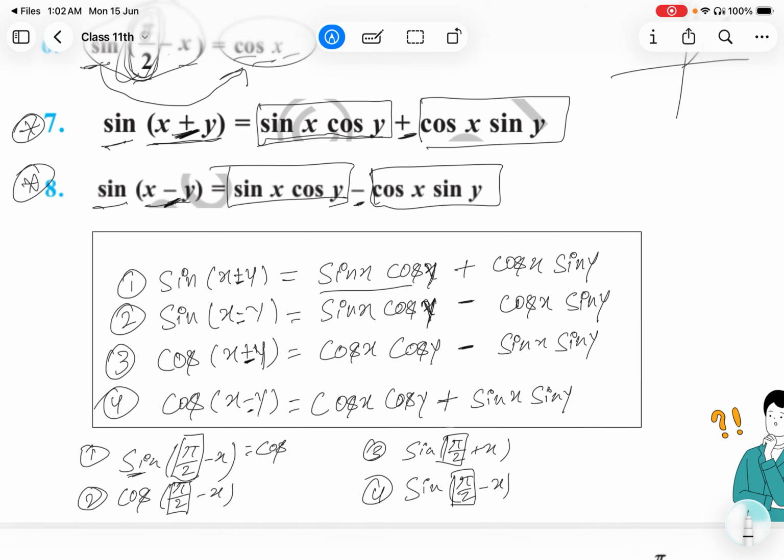Because this is in the first quadrant, it will be positive, cos x. This is also in the first quadrant, then it will be sin x, right? This is in the second quadrant, so sine will be positive there.